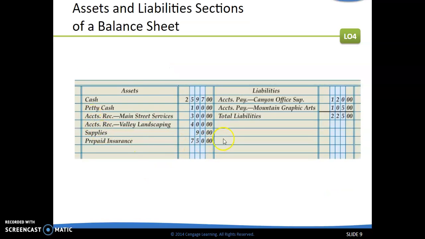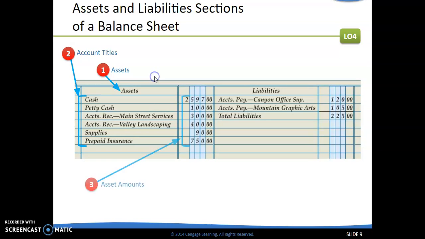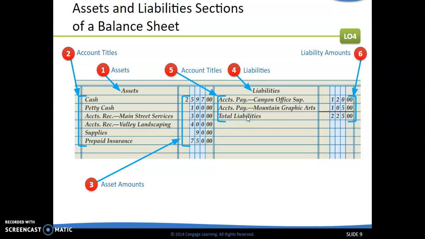Now, to finish the rest of the balance sheet, you're going to list all of your assets on the left-hand side along with the asset amounts. On the right-hand side, you are going to list the title liabilities, any liabilities you have, and the total liabilities. That's the easy part.